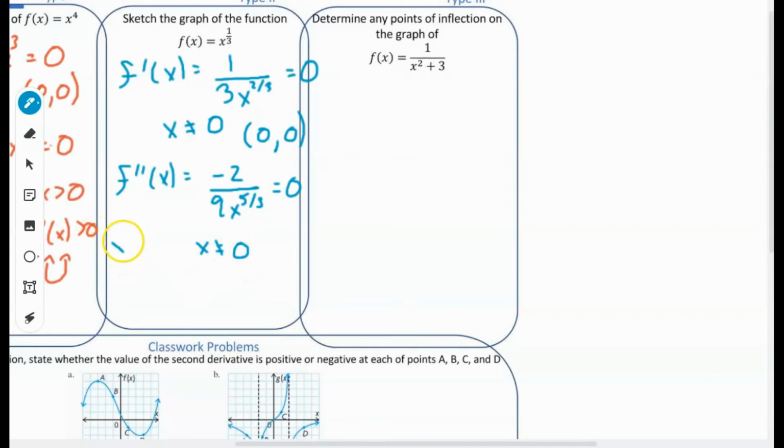Well, what about if x is less than 0? If x is less than 0, the second derivative becomes positive. If it's positive, that means we have a concave up shape. All right, if x is greater than 0, our second derivative is going to be less than 0. So we have a concave down shape.